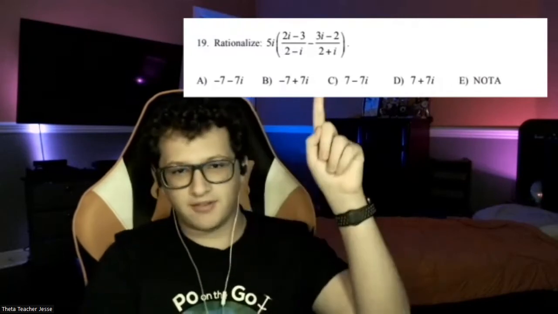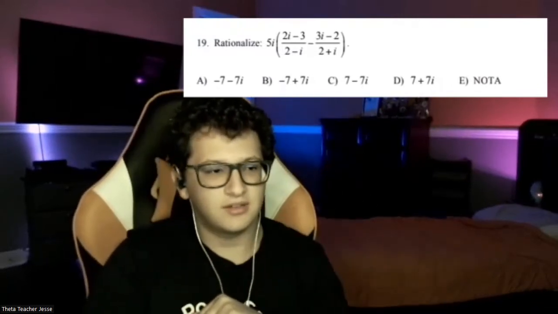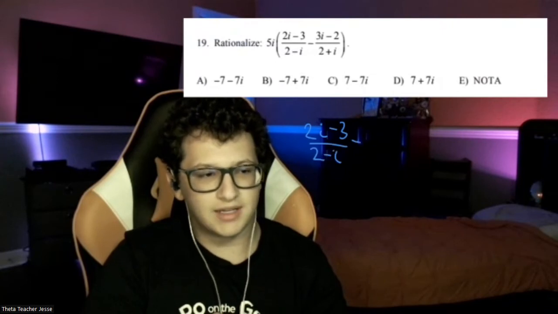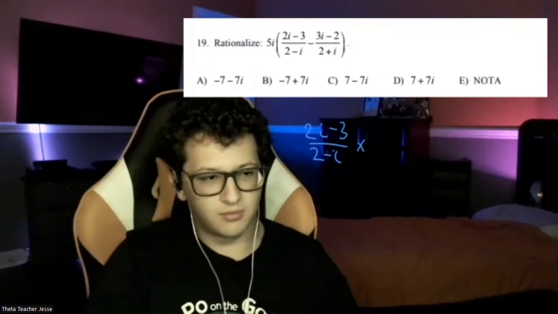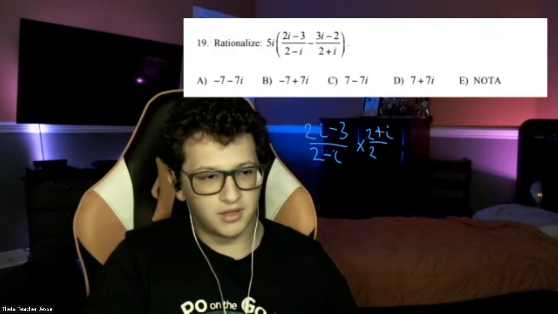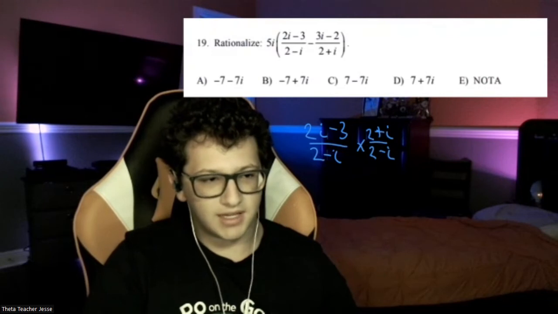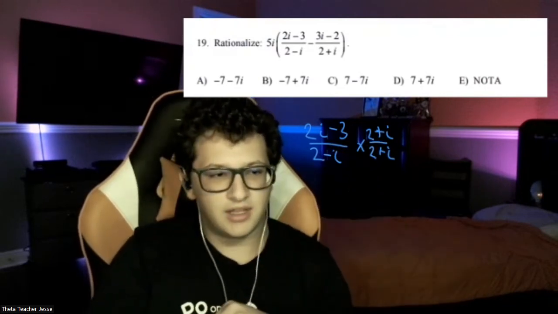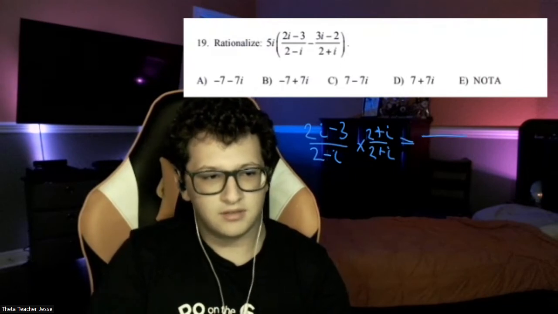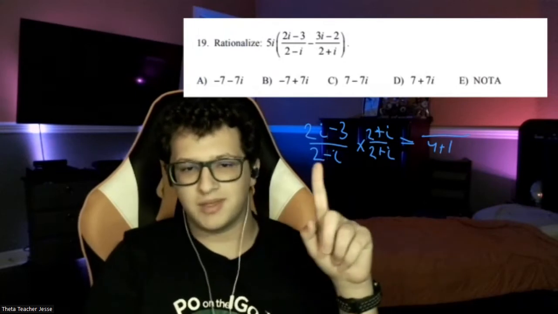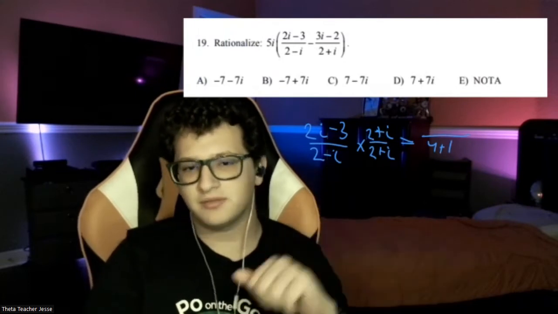So let's start by rationalizing the first one, 2i minus 3 over 2 minus i. Just a reminder, we'll multiply it by 2 plus i. My bad, 2 plus i. The denominator would be 4 plus 1, because remember it's going to be a squared plus b squared.